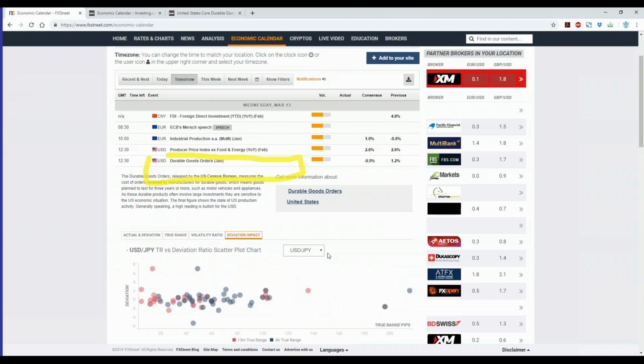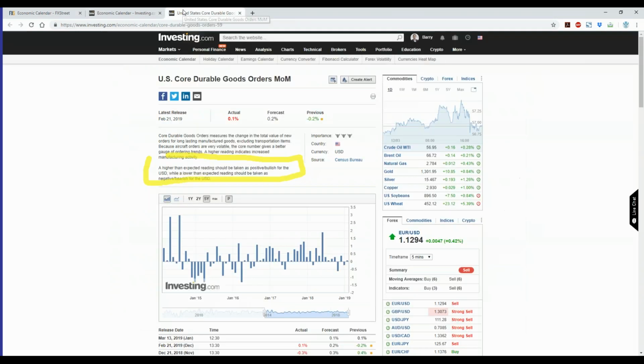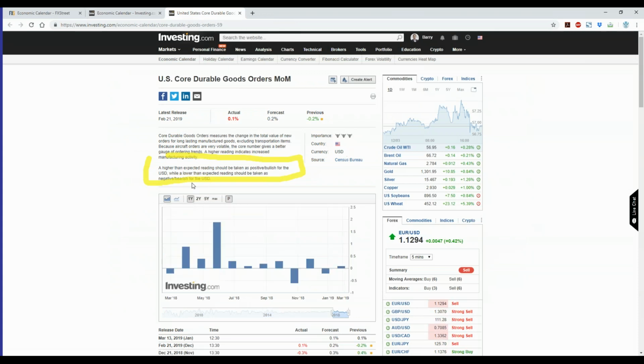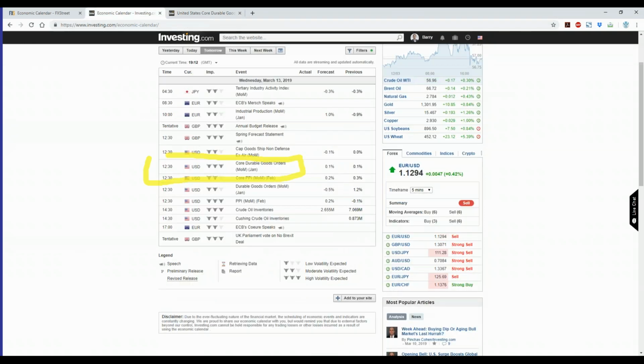So FX Street has much more involved information on each one, and every one is slightly different, so you can decide which one fits you. The explanation will be the same and the data is the same. It's just what FX Street has developed to provide you in research as opposed to what each of the different sites provides. But you should be aware of this. So that's enough talking about that stuff.